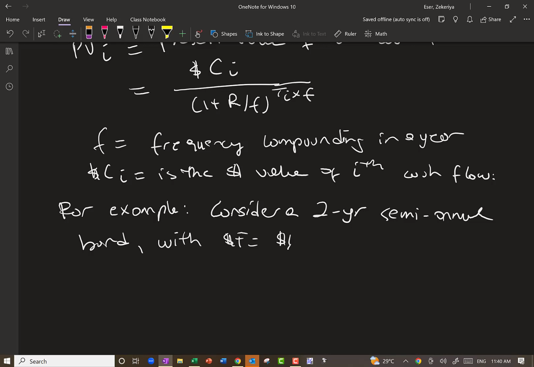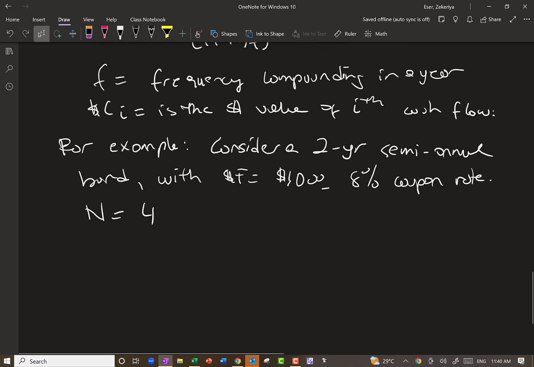First of all, N is 4. There are 4 payments. 6 months from now, a year from now, year and a half from now, and 2 years from now. What's the first payment? It should not be difficult for you guys. What's the first coupon payment? It's an 8% semi-annual bond with $1,000 face value.